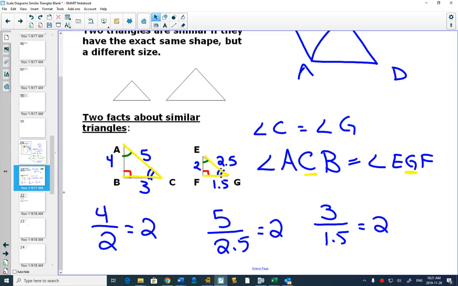If I was going from this triangle to this triangle, I'd have to multiply everything by 2. So going from the small one to the big one, my scale factor is 2. If I went from the big one to the small one, I'd have to multiply by 1/2. So then my scale factor is 1/2.